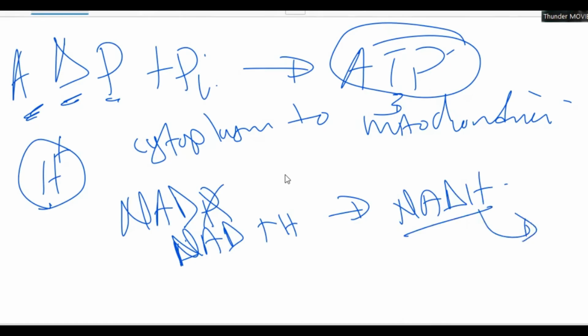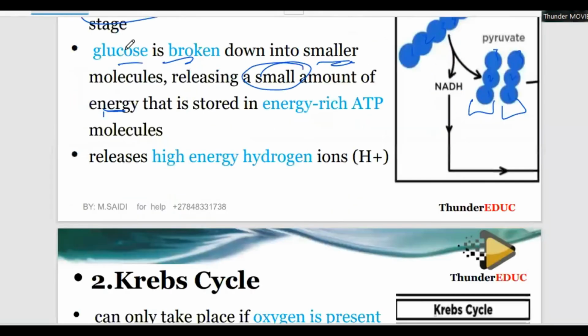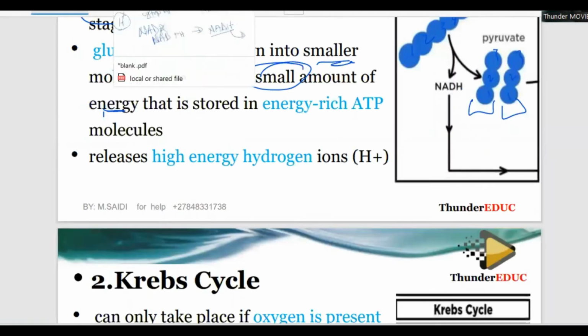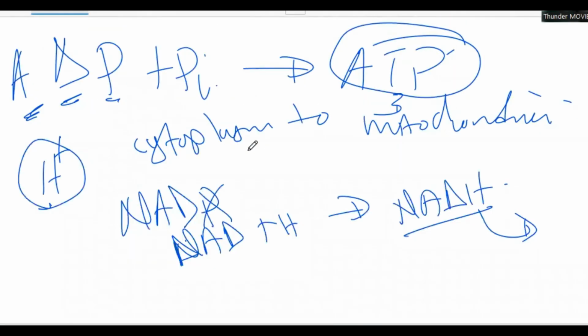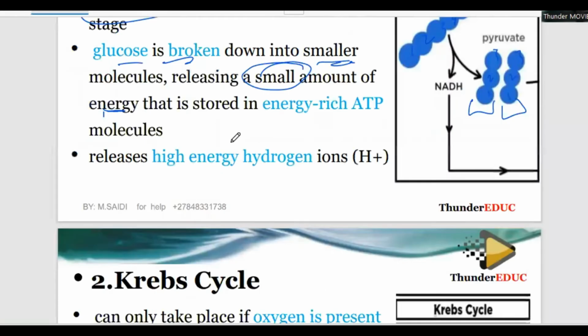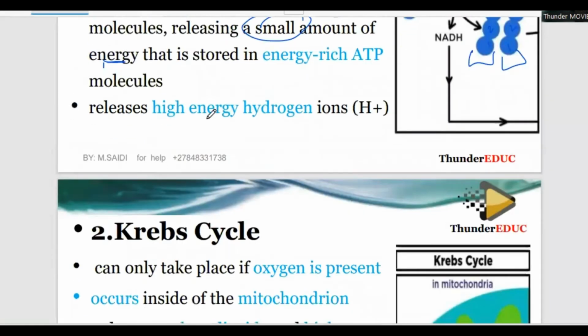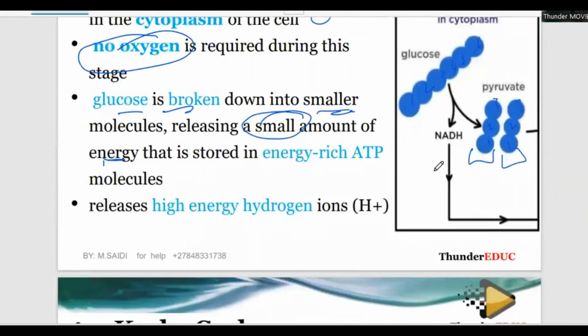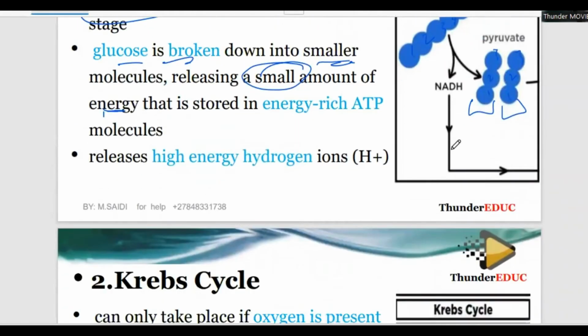So this is the NADH which moves into the oxidative phosphorylation, but it passes the Krebs cycle first and then enters the oxidative phosphorylation. Hence, we're saying that it releases high energy hydrogen ions, and these high energy hydrogen ions will enter the Krebs cycle.